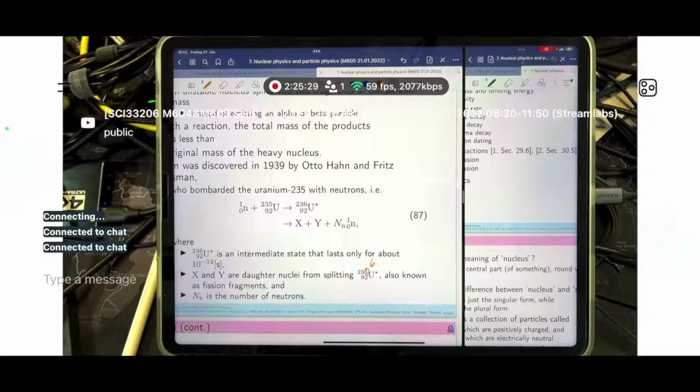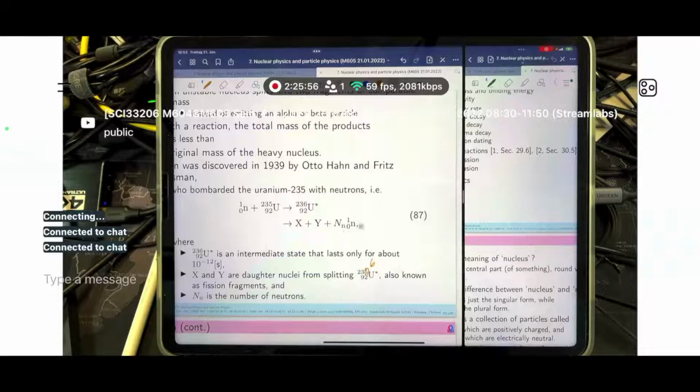X and Y are the daughter nuclei splitting from uranium-236. X and Y are known as fission fragments. Please note that I didn't write down the mass number and the atomic number here for both X and Y, because X and Y could be many combinations.